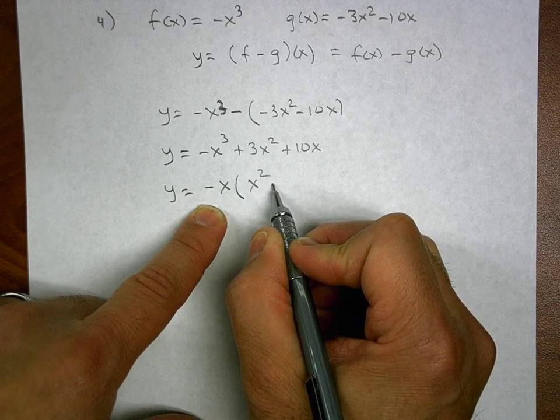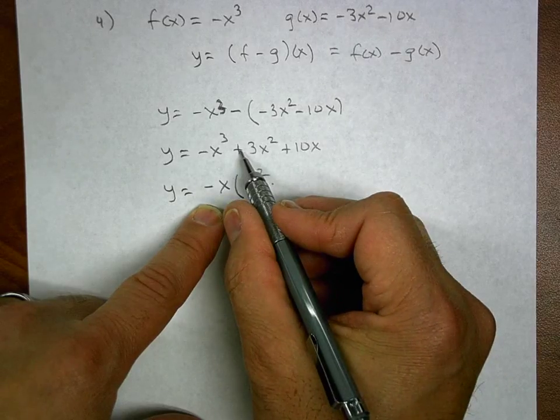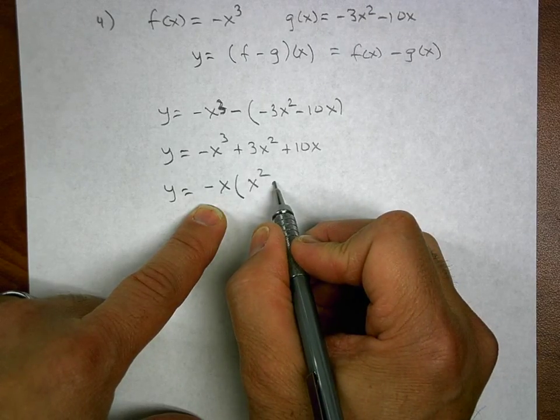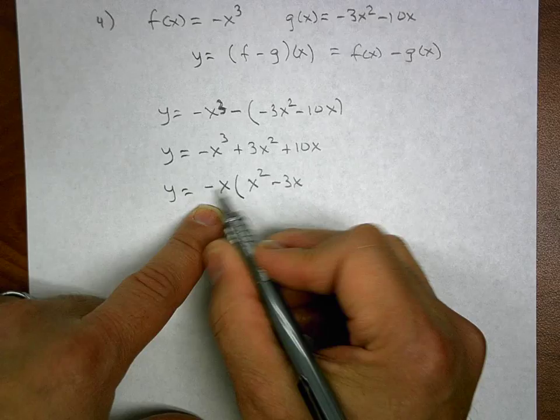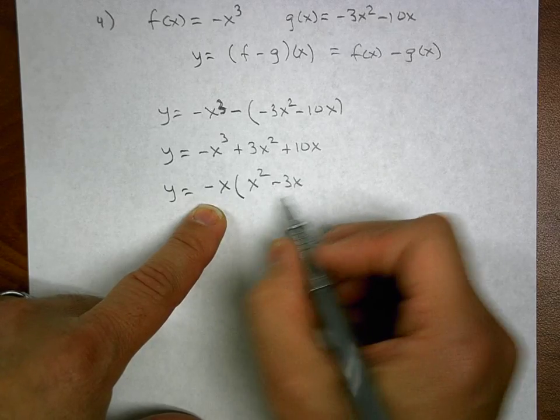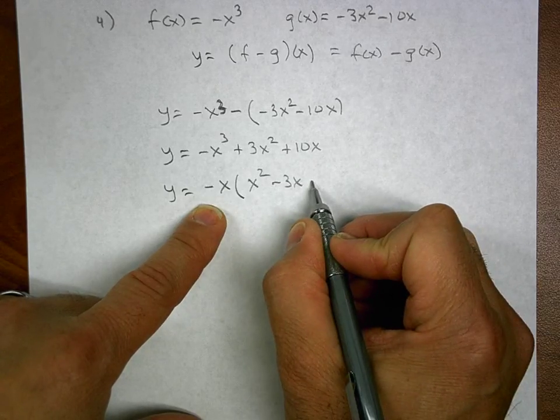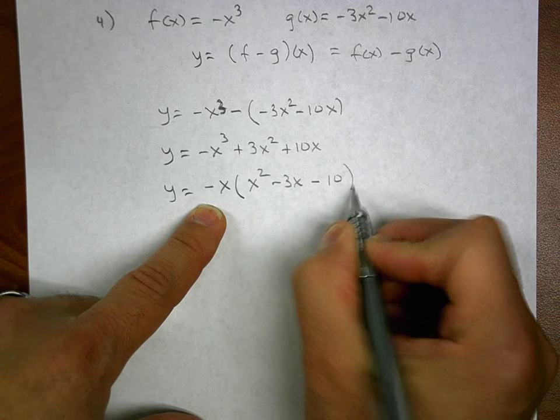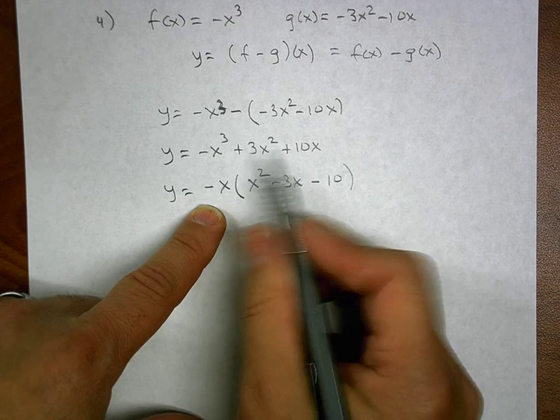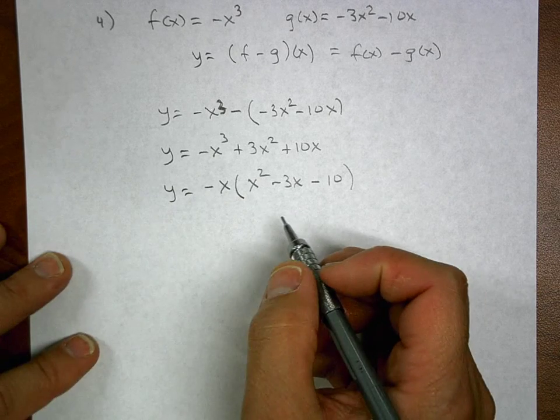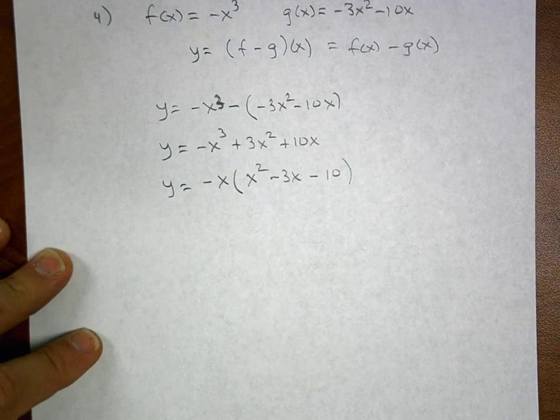Plus, well, we need a minus 3x, because if I distribute, negative times negative is a positive, right? So minus 3x minus 10. You can always distribute, make sure you get what you had to begin with. There we go. So far, so good.